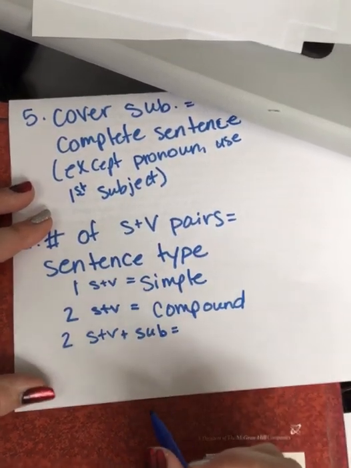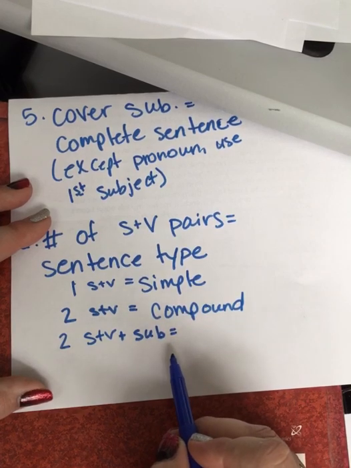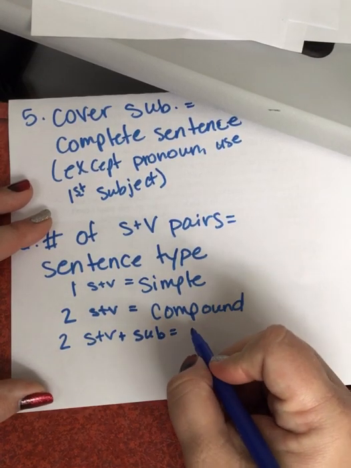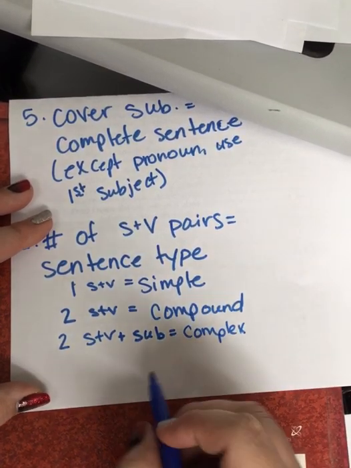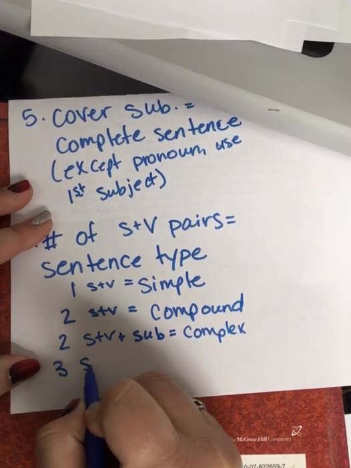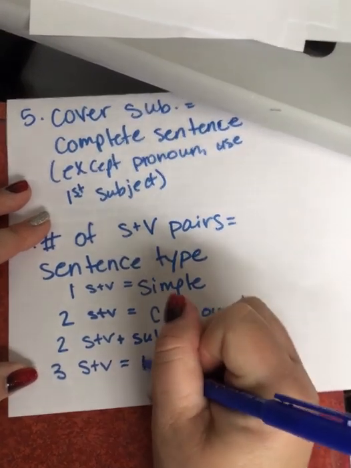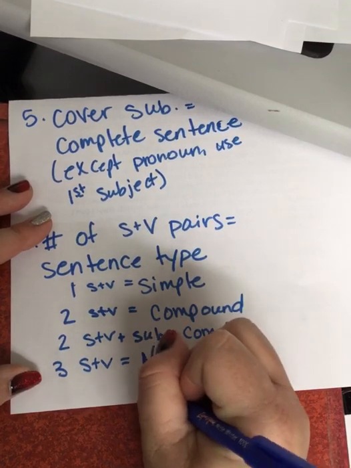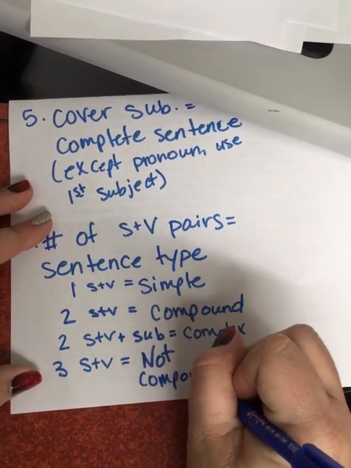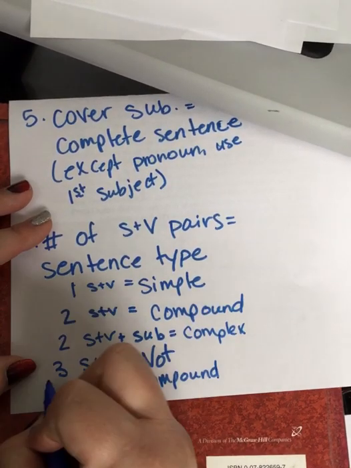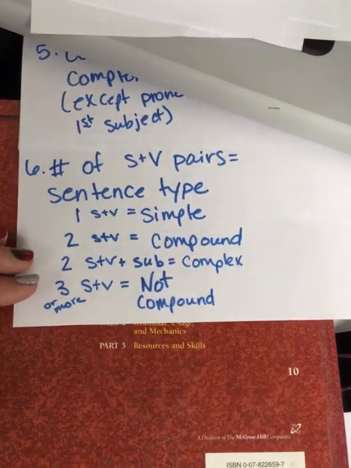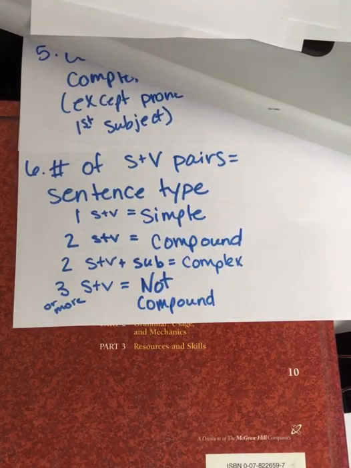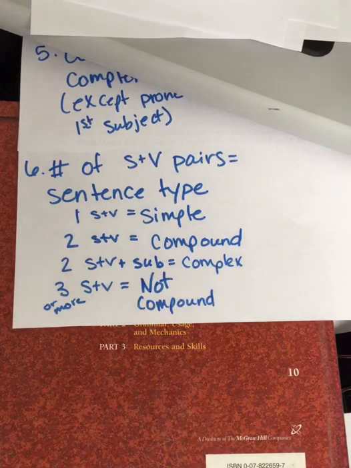If there are 2 subject and verb pairs with a subordinator, what kind of sentence is that? Complex. If there are 3 or more subject and verb pairs, it cannot be compound. Okay?